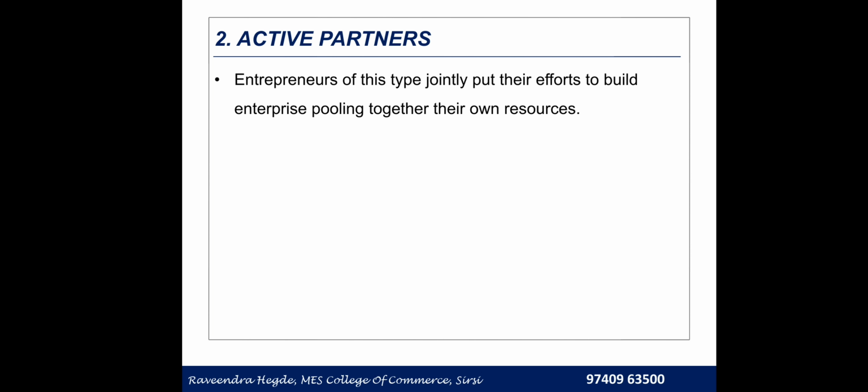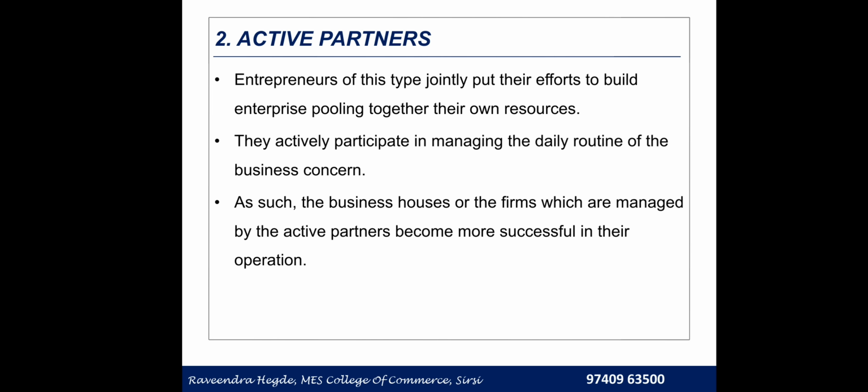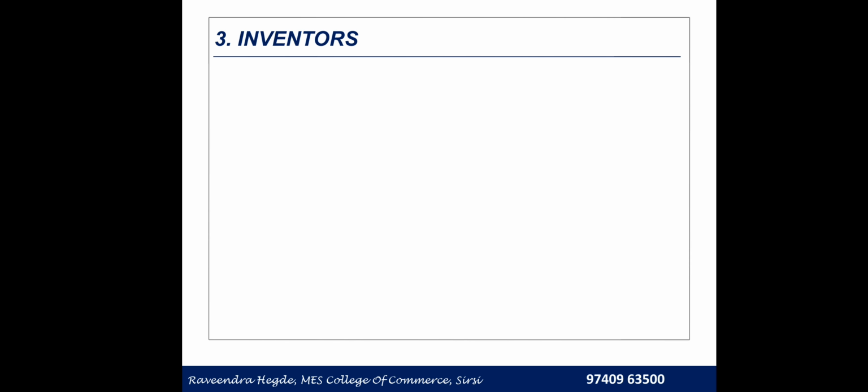Entrepreneurs who only contribute the funds to the enterprise but do not actively participate in business activity are called simply partners. So they actively participate in managing the daily routine of the business concern. As such, the business houses or the firms which are managed by the active partners become more successful in their operation. And the third one is inventors.